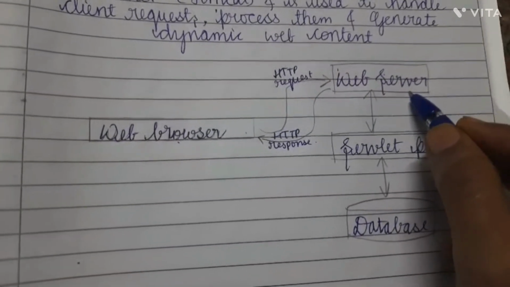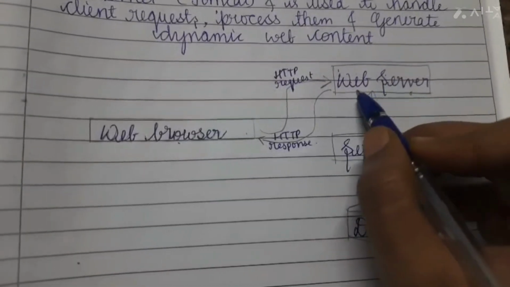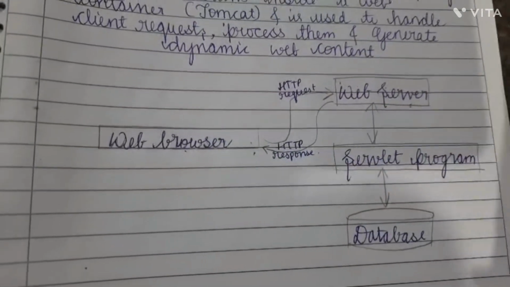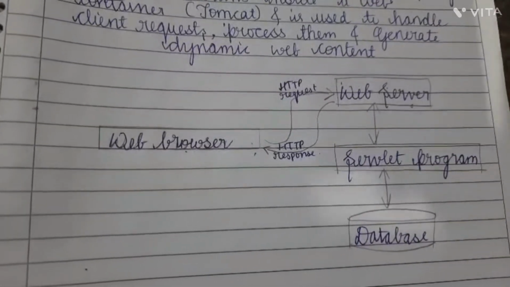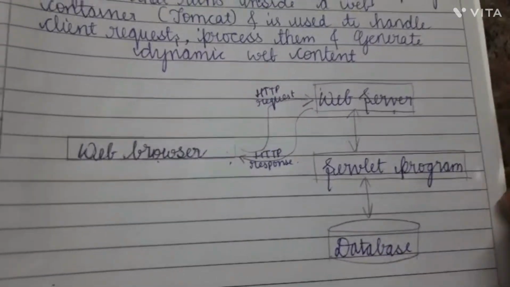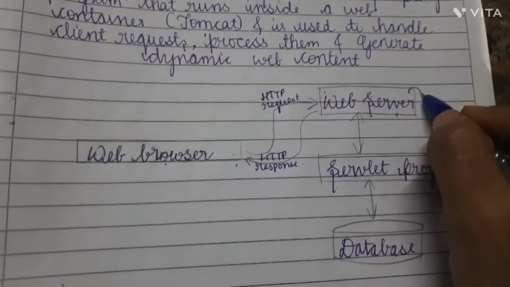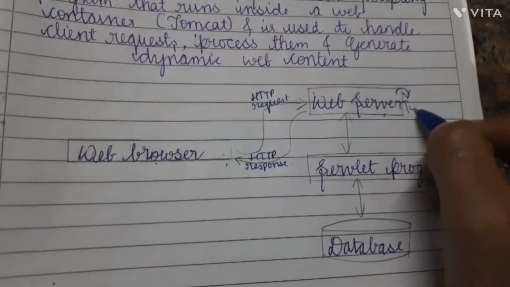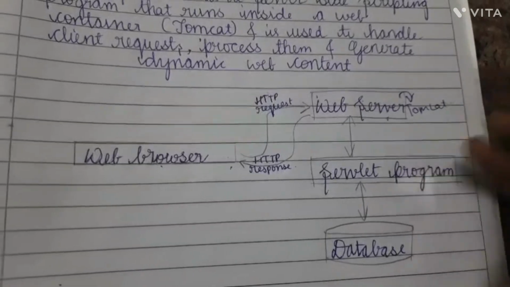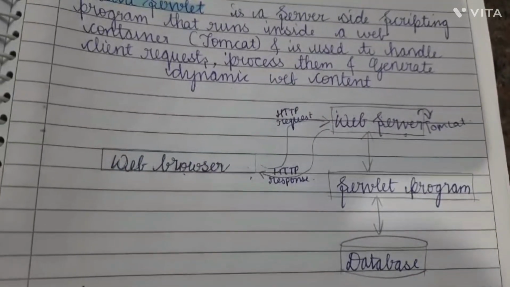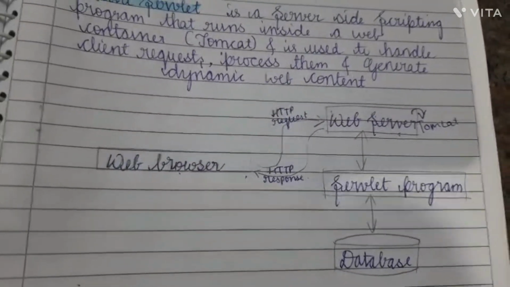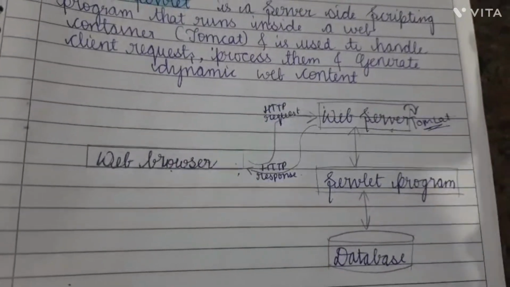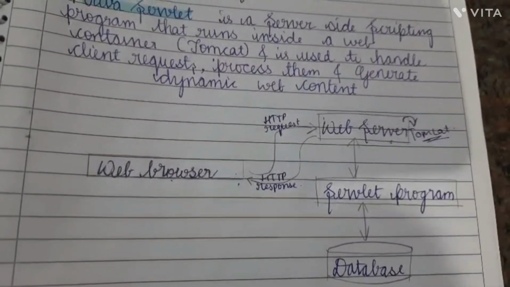If it is a static page, it will immediately respond to the client, and if it is a dynamic page, there will be some other logic behind the server which will be running, like Apache Tomcat and other things. So then Tomcat will check. Inside Tomcat there will be some program or code using which we can generate a dynamic page.